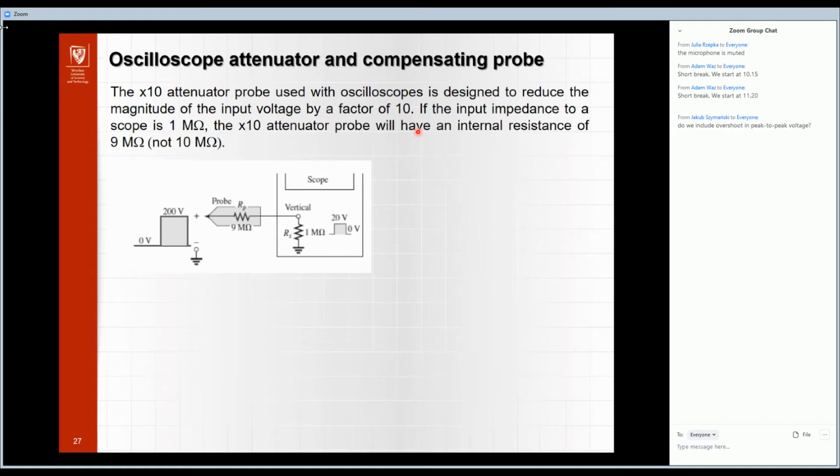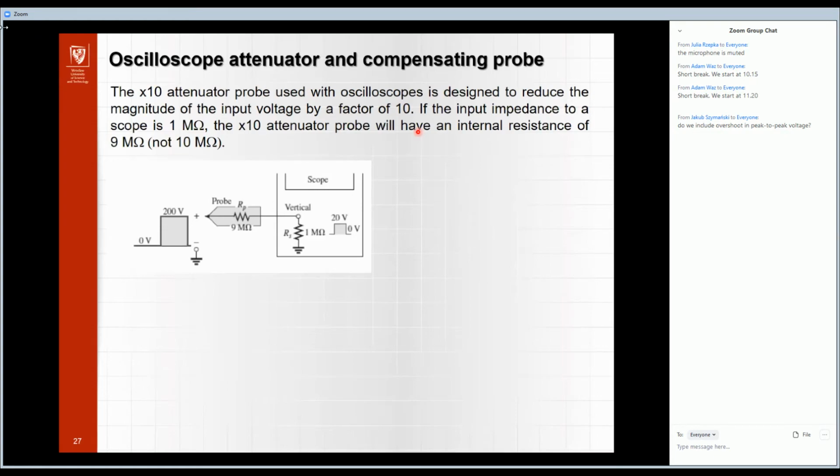Maybe you see it, the switch where we can change this factor. And sometimes it is written here x1 and x10. So x1 means that our signal is going to the scope, and x10 means that the attenuator probe divides our input signal, and we obtain on the input of the scope a 10 times smaller signal.